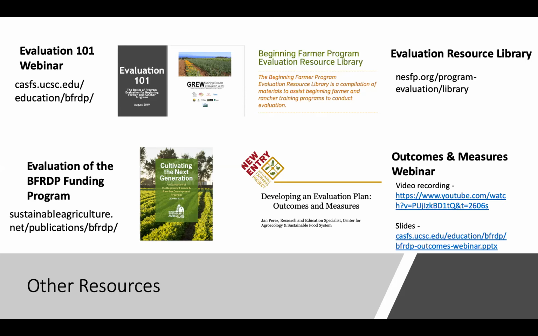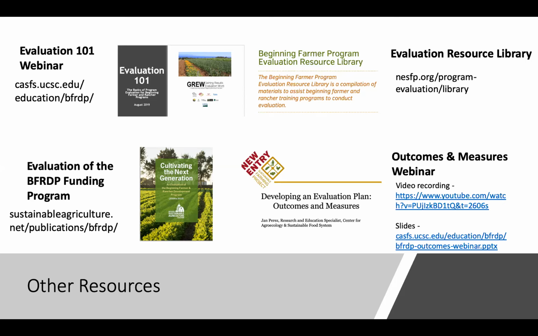There are all kinds of how-to guides to do the whole process, to just do data collection, or create a theory of change. There are templates, like Tom showed, a few different kinds of templates to create an evaluation plan. And we have materials from other beginning farmer and rancher programs. So we've got surveys that different programs have been willing to share, example reports, things of that nature.